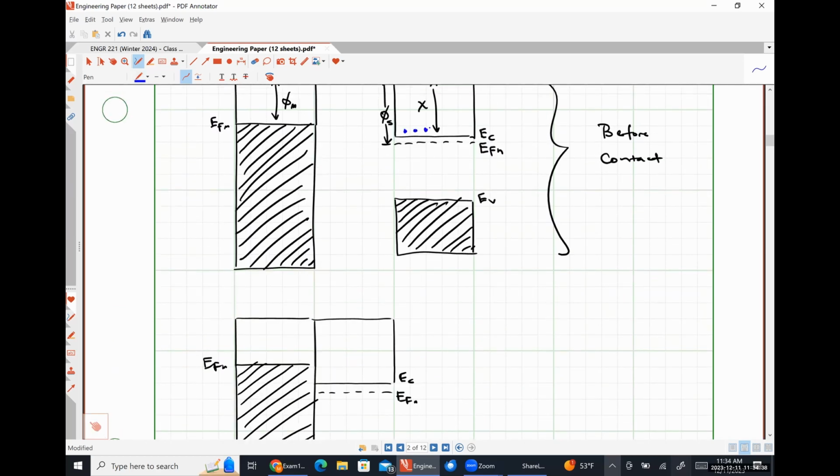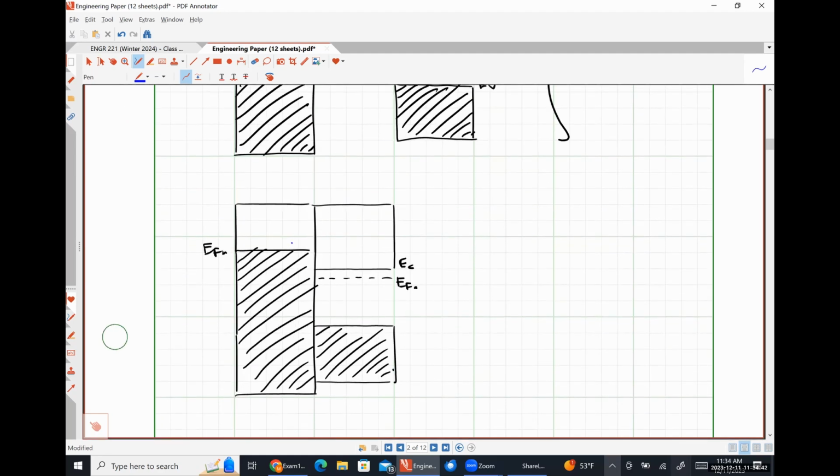Sorry, forgot to draw my free electrons up here. It particularly matters. We're going to find that electrons can easily move from the metal into the semiconductor material.